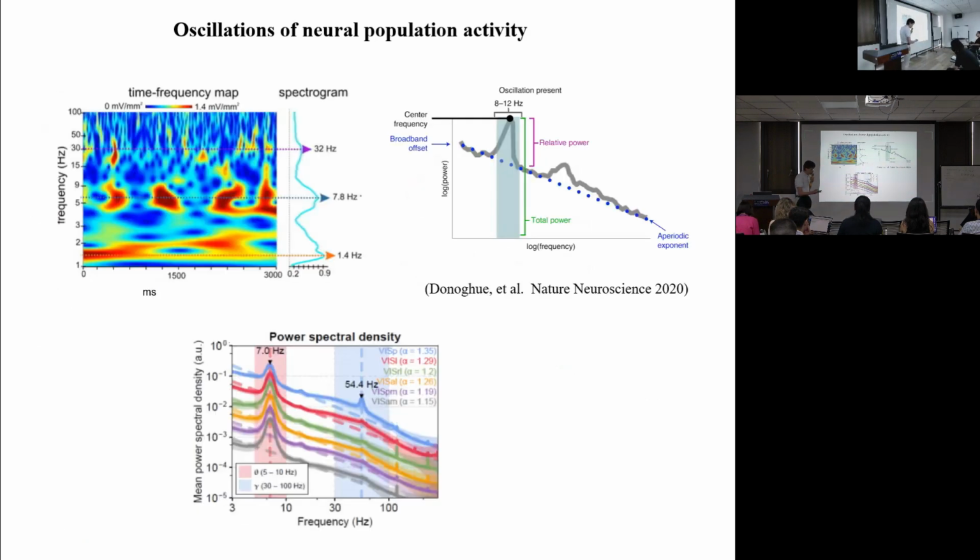Another feature about cortical oscillations is a periodic component, okay? When you do power spectral analysis, you often see some peaks here, right? One peak here, another peak there, just to give you an example.